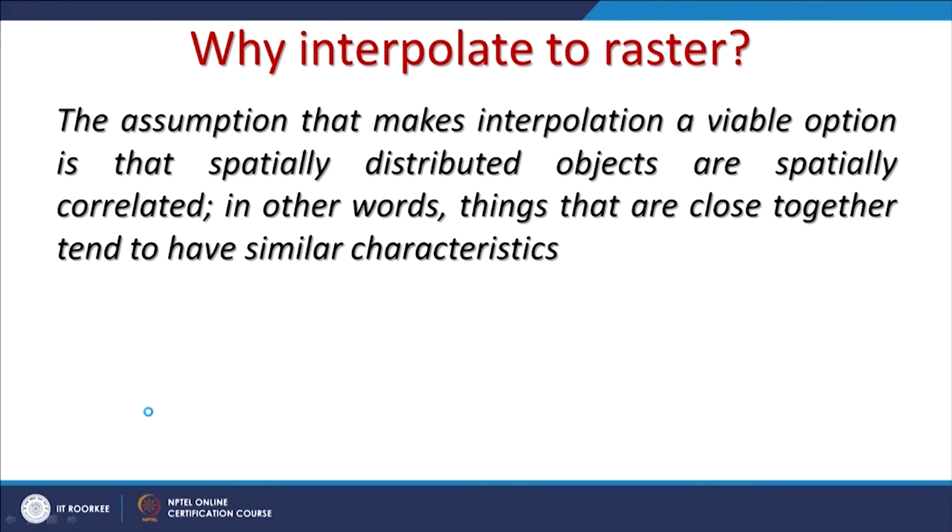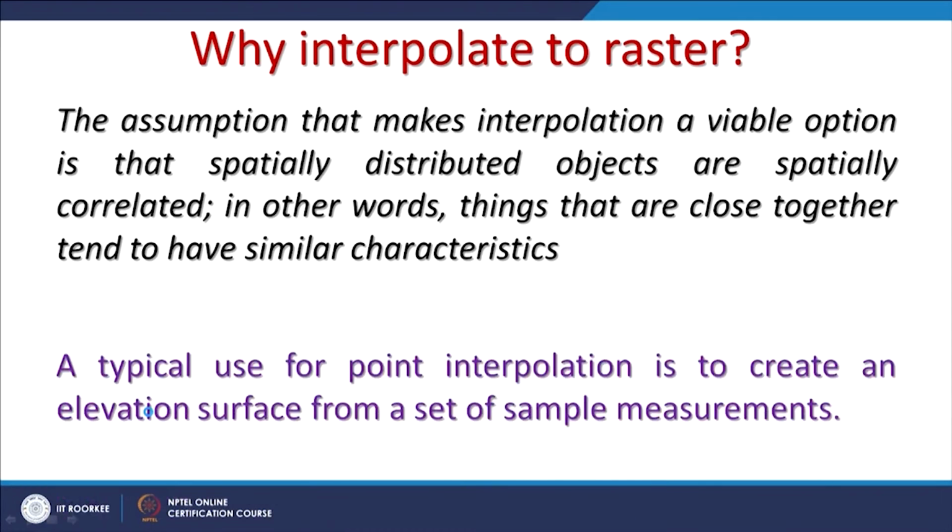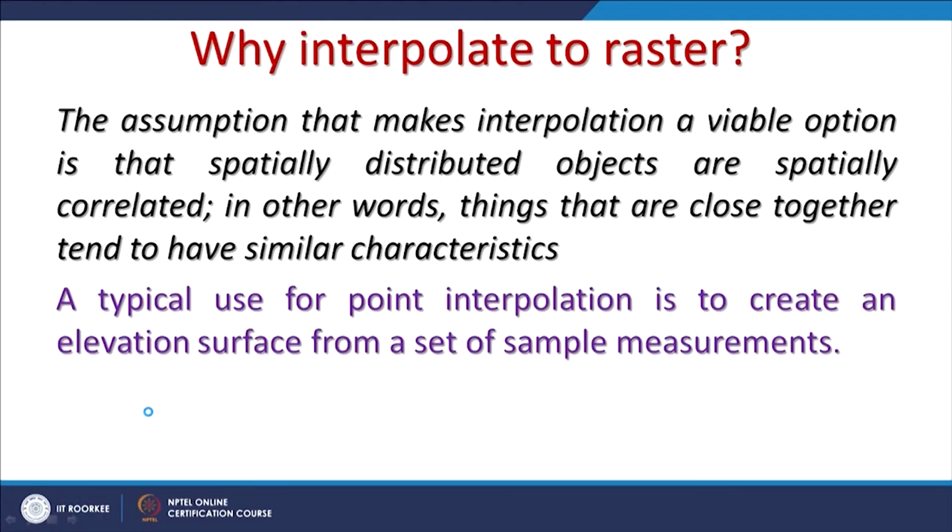In other words, that is Tobler's law of geography: things which are close together tend to have similar characteristics, and this is what is exploited in interpolation. Though we say spatial interpolation, in general it is also point interpolation, and it is used to create a surface where measurements are not possible.